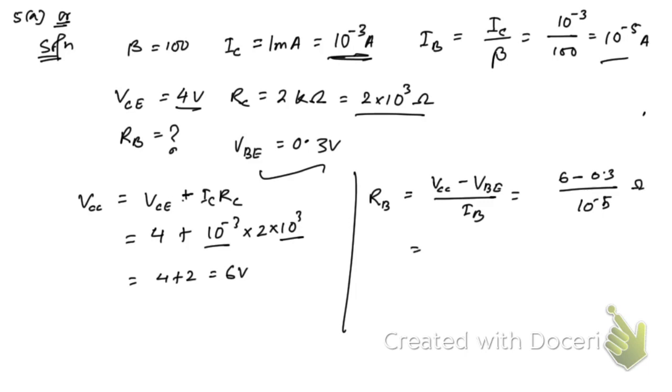So it's equal to 5.7 by 10 to the power minus 5, which can be written as 5.7 into 10 to the power plus 5 ohm. 10 to the power 5 means 10 to the power 3 into 10 to the power 2. If you multiply 10 to the power 2 with 5.7, that's 570, and 10 to the power 3 is there, so you can write 570 into 10 to the power 3 ohm, which means 570 kilo ohm.